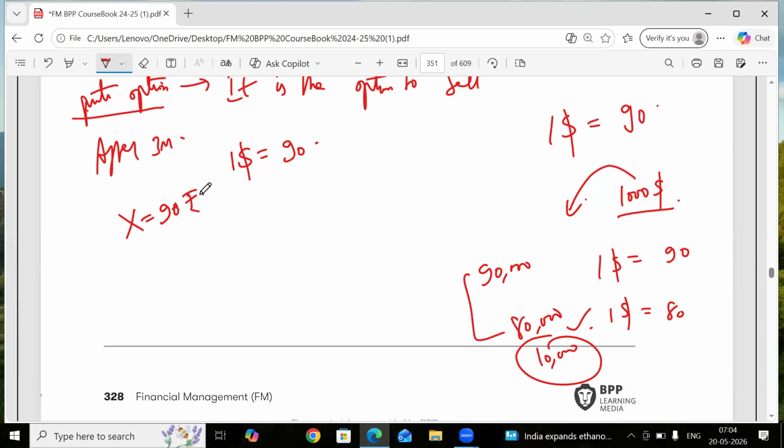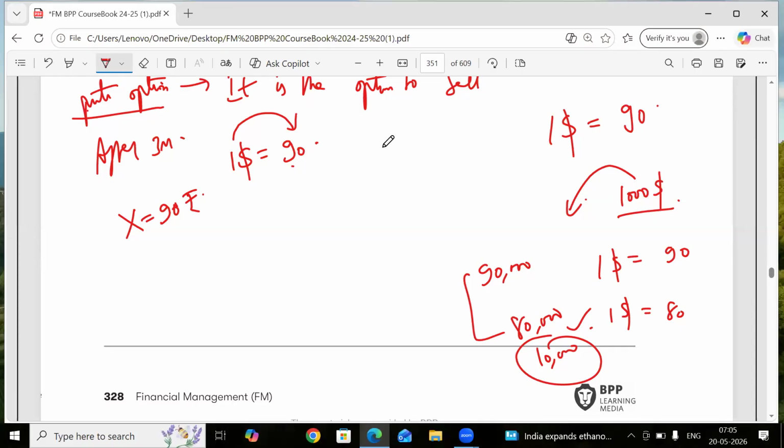I have fixed $1 is equal to 90. That means today, if I get $1, okay, I will sell the dollar to bank for 90 rupees. Or bank has to buy the dollar from me for 90 rupees.